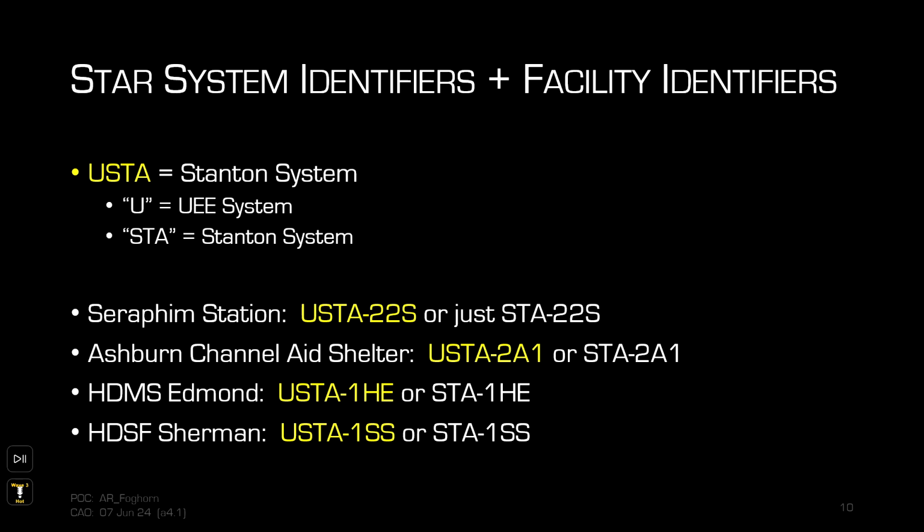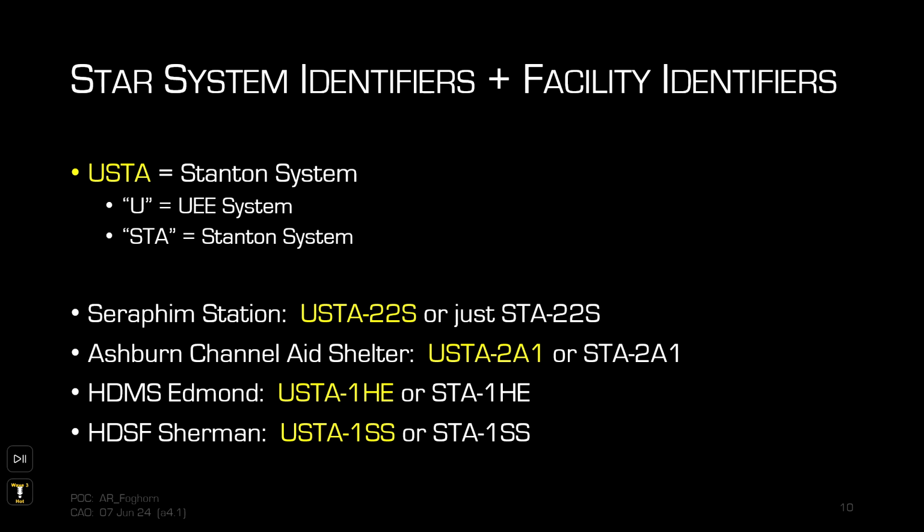So you could see STA for the Stanton system or USTA, and it all means the same thing. For Seraphim Station, you could see that as USTA 22 Sierra or just STA 22 Sierra when people are shorthanding this sort of thing.